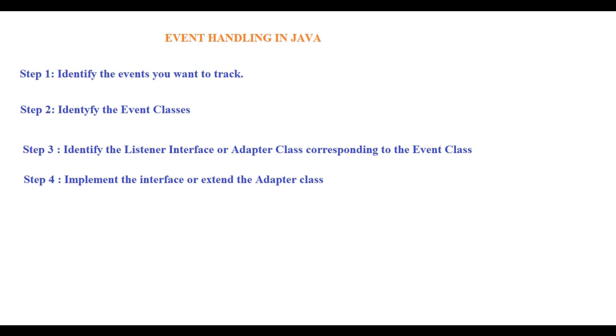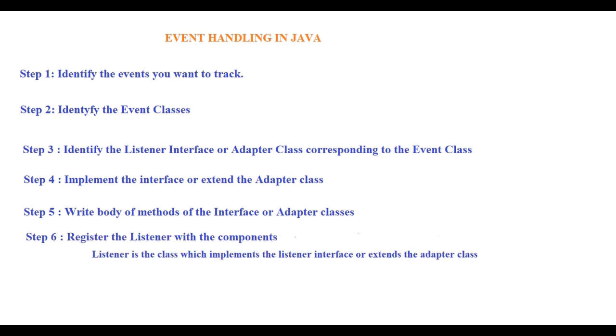Implement the interfaces or extend the adapter class. Step 5. Write the body of methods of the interfaces or adapter class. Step 6. Register the listener with the components. Listener is the class which implements the listener interfaces or extends the adapter class.